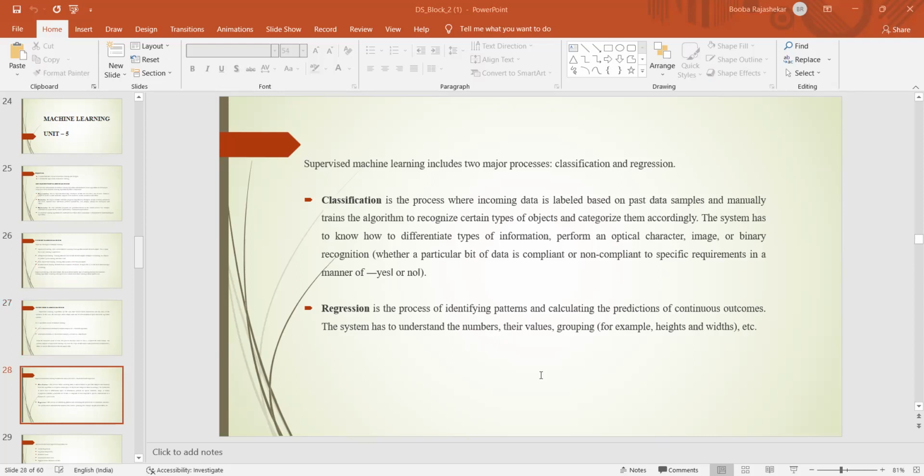It learns how to differentiate types of information and perform optical character, image, or binary recognition. Then regression. What is regression? Regression is the process of identifying patterns and calculating predictions of continuous outcomes. The system has to understand the numbers, values, and grouping.